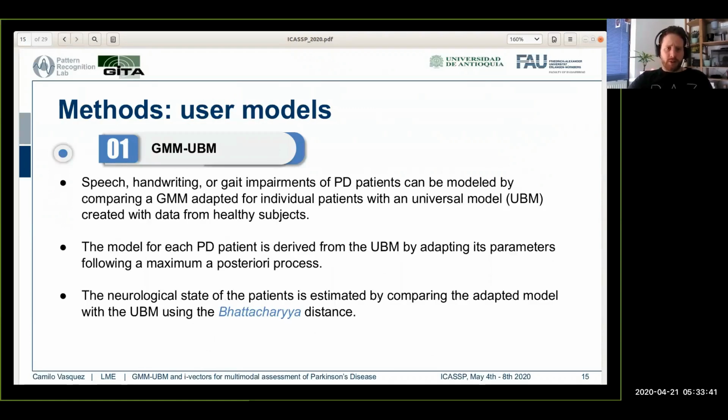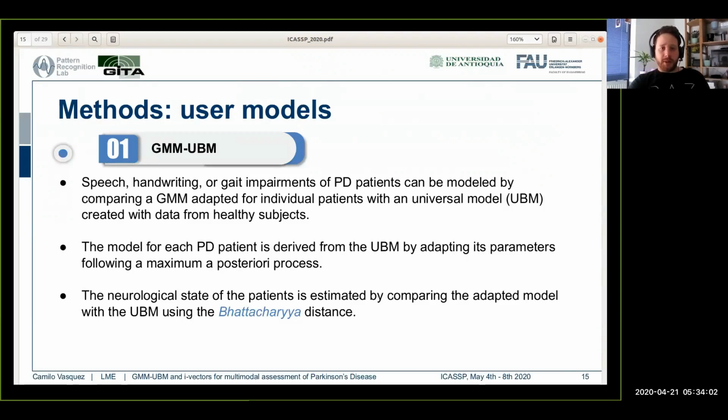The first user model considered here corresponds to GMM-UBM systems. The main hypothesis is that speech, handwriting, or gait impairments of Parkinson's patients can be modeled by comparing a GMM adapted for a patient with a reference model created with recordings from healthy subjects.